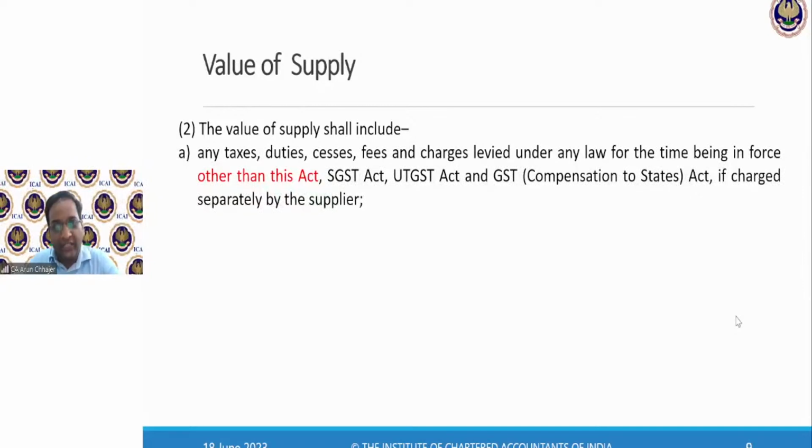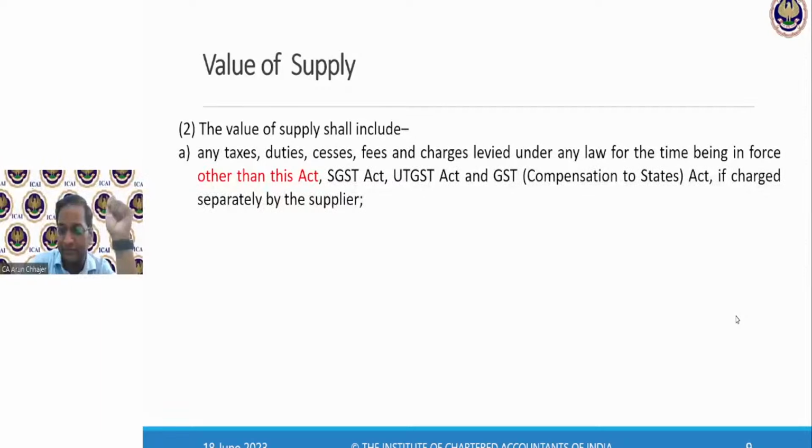If we are importing the goods, then custom duty and social welfare cess would be there. What do you think, whether TCS would be added in the value or not? Tax collection at source.